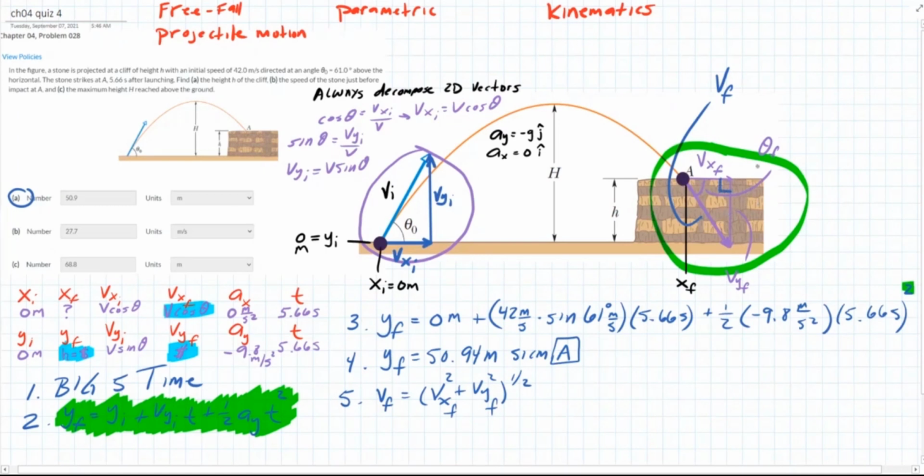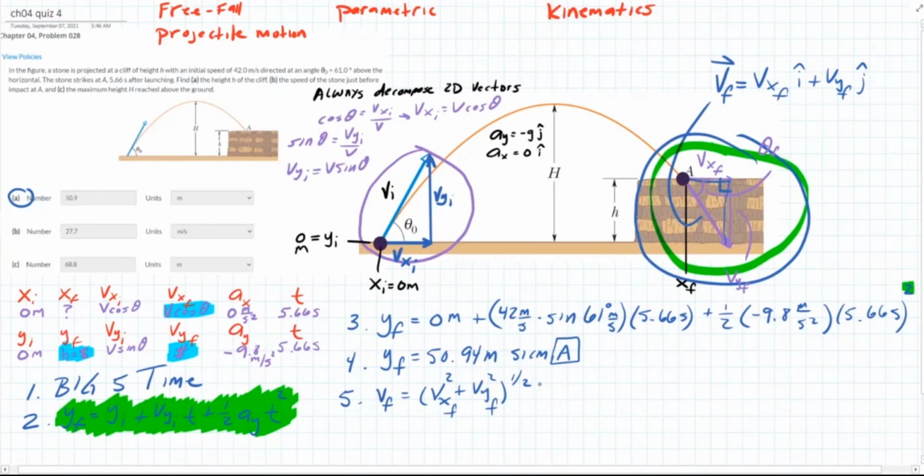But from a vector point of view, right here, you guys, I would say V final vector equals VXF vector I hat plus VY final vector J hat. So this is my X component. This is my Y component. We are after the speed, so that's why it's VF, not vector VF.